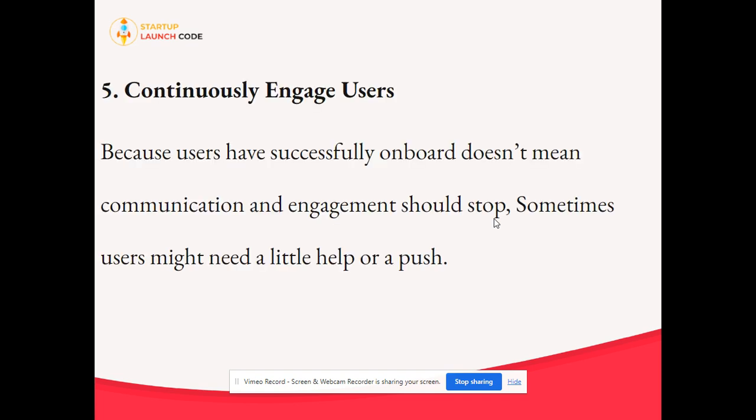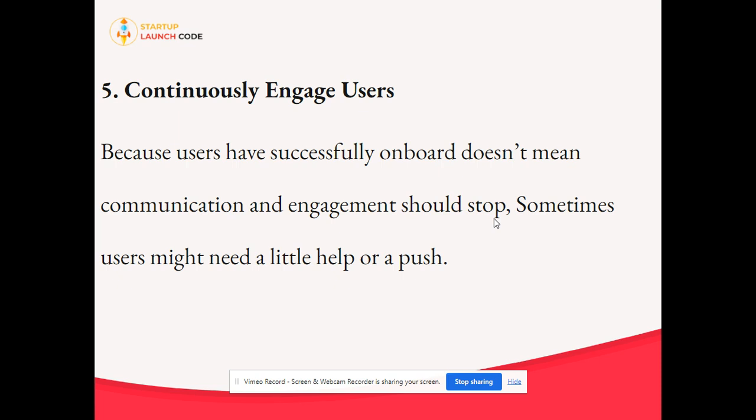So let's do a very quick recap of what we discussed. We discussed product adoption, which is the process by which your product or services is accepted by users and they are willing to use and pay for your product.